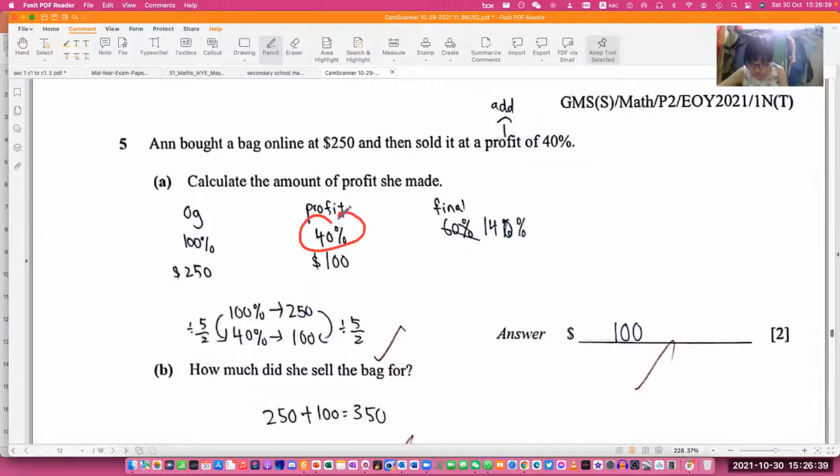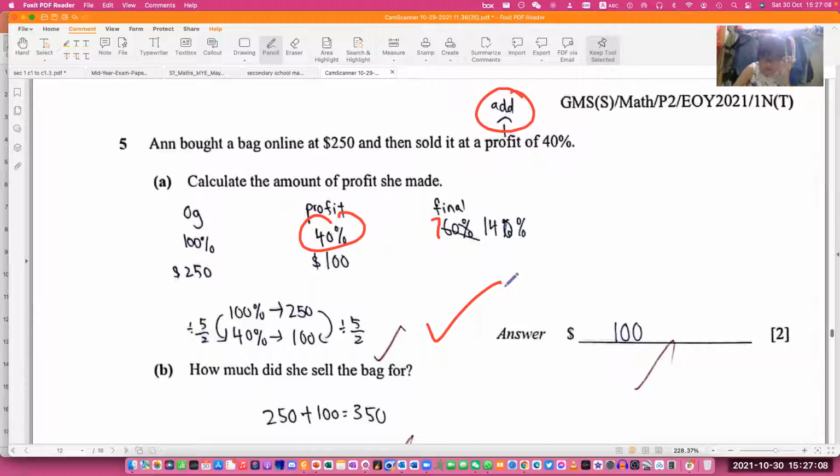Once again, profit is plus or minus? Profit is add because you make more money. That's why you get it correct. We talk about this question, right? Original price, profit, and final. Service charge, add or minus?